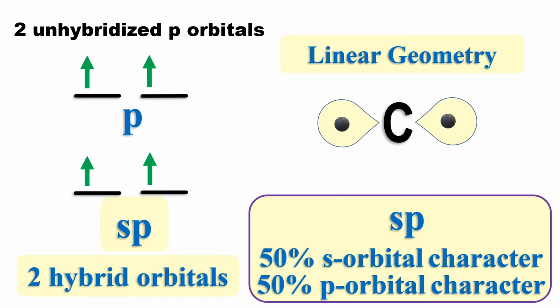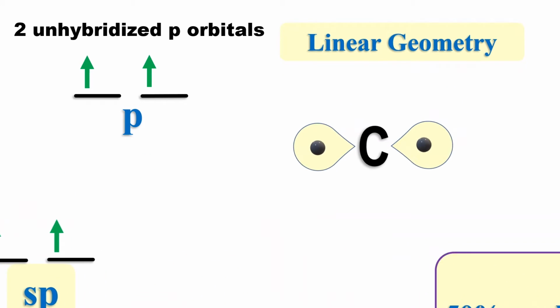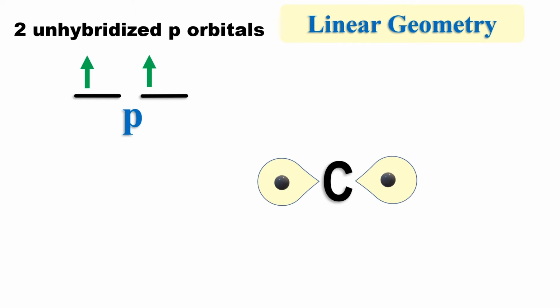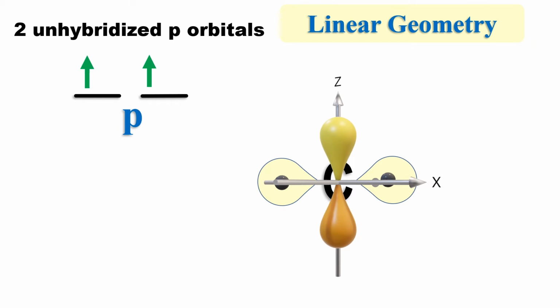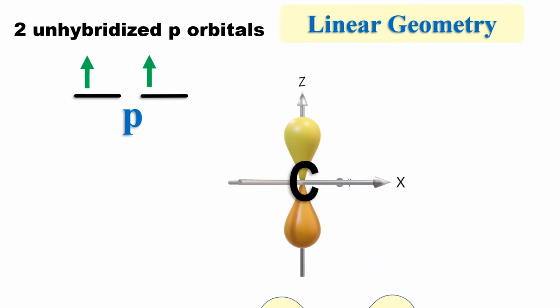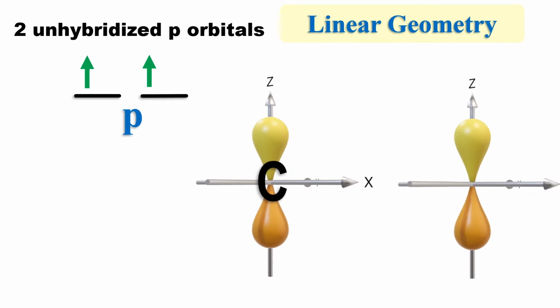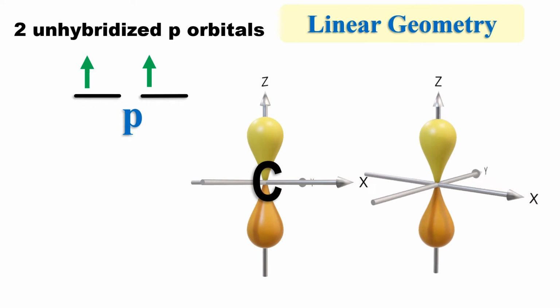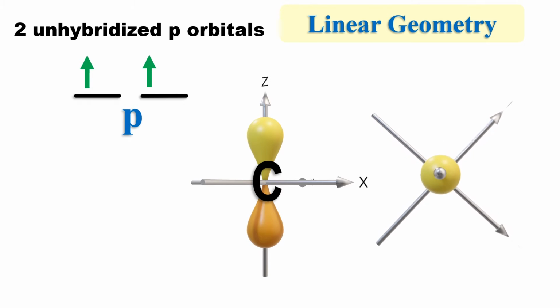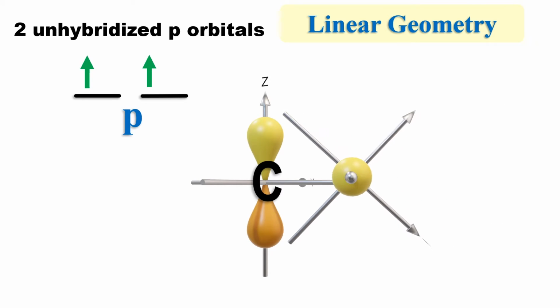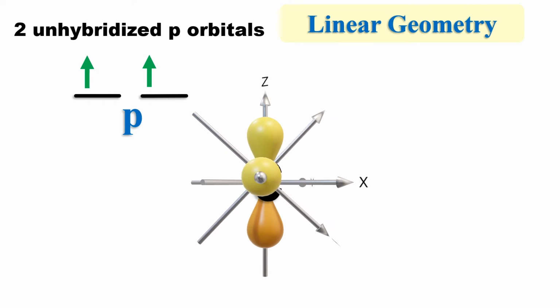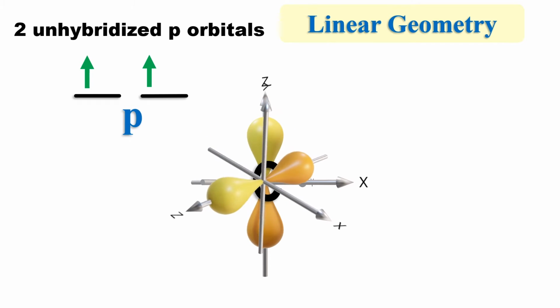Interestingly, there are two unhybridized p orbitals. Here is one p orbital. I'll remove the hybridized orbitals from view so we can see the second p orbital clearer. The second p orbital is oriented perpendicular to the other p orbital and the two linear hybridized orbitals.